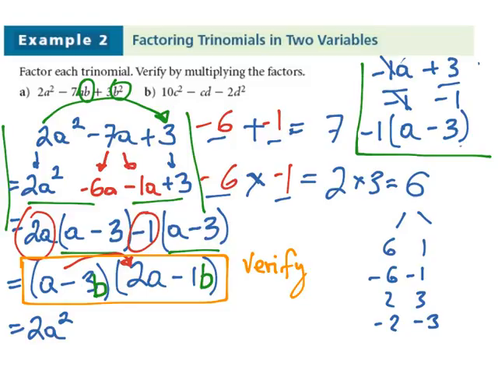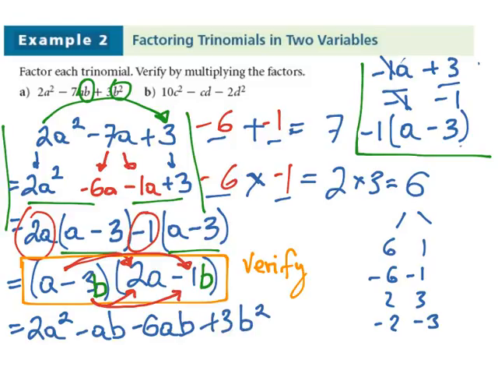Now a times negative 1b is negative ab. Negative 3b times 2a is negative 6ab. And the last time we're going to expand is negative 3b times negative 1b is positive 3b squared.